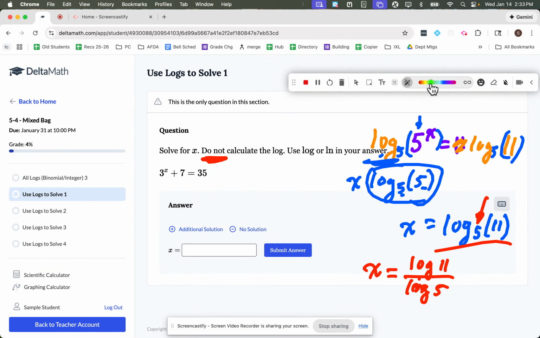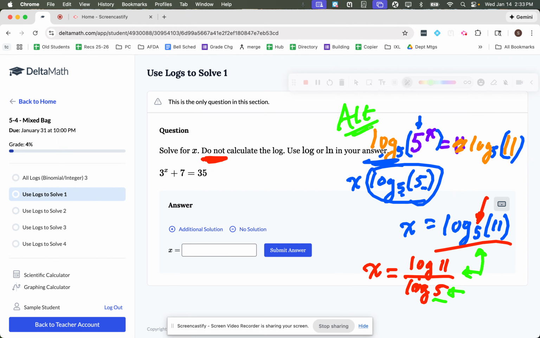The base goes in the basement. You put them in the calculator, they'll be the exact same number. So this is an alternate way of finding the answer.